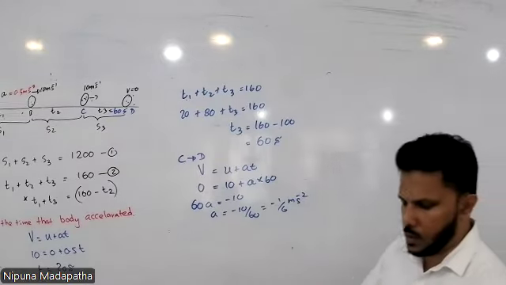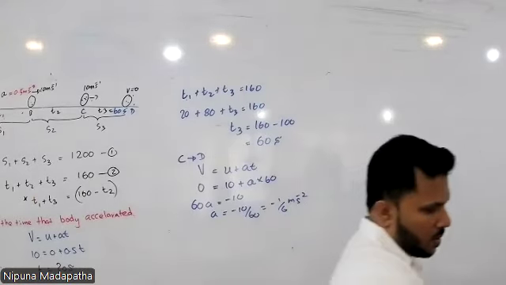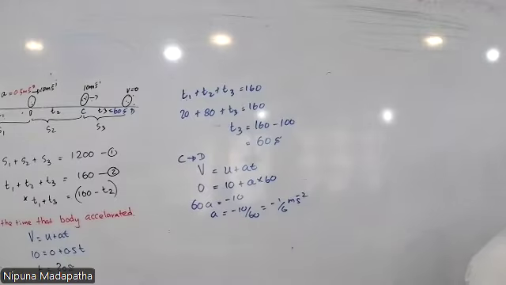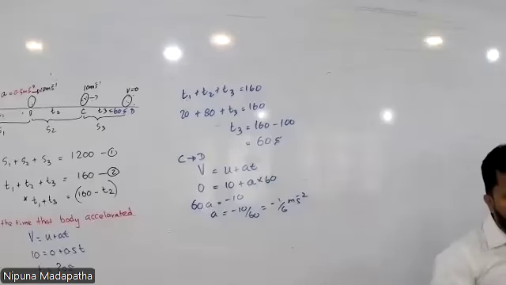Now the MCQ answers. Since some of you have not tried the MCQ questions, here are the answers. The first question answer is 5. Sorry, 2. Answer is 2. Right? I think the second question we did here, the answer is 28.